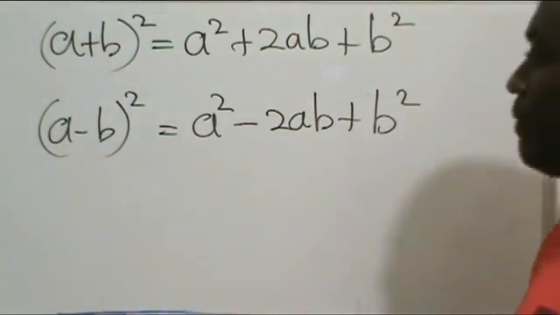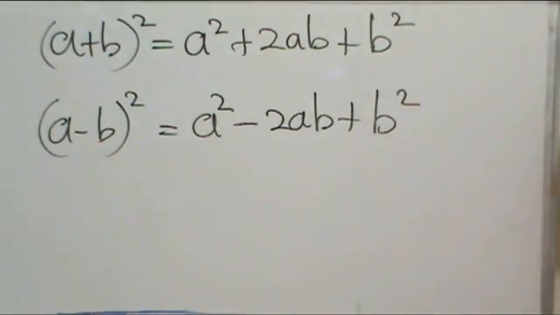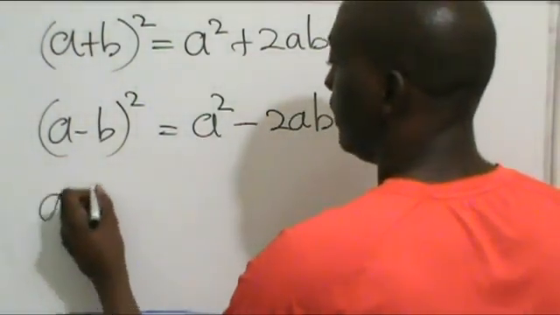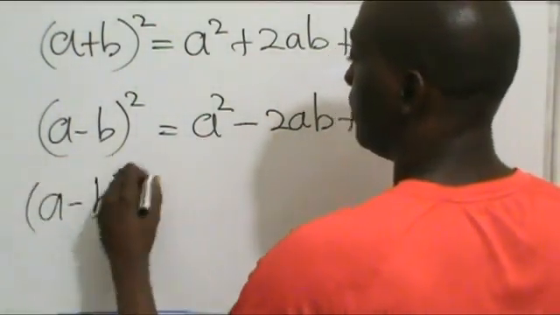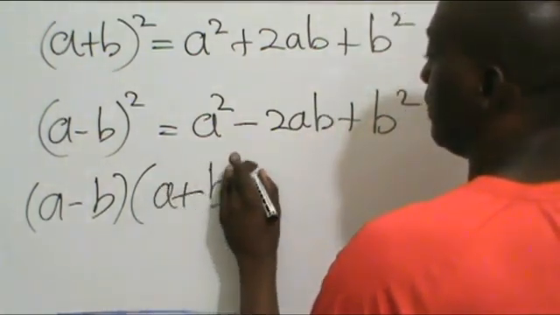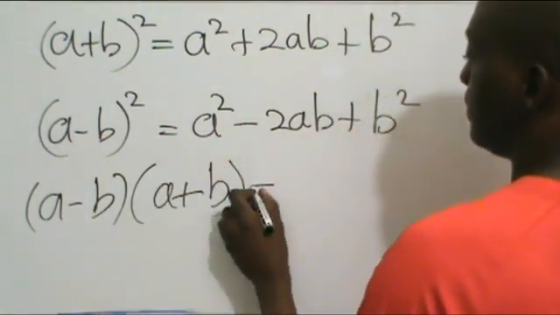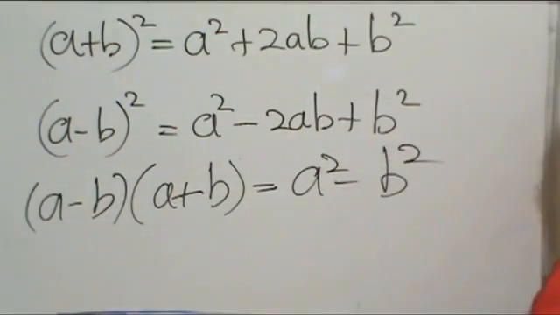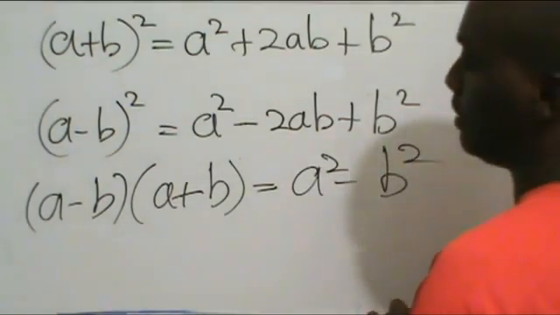Alright? And then the very last one we had was that A minus B into A plus B is equal to A squared minus B squared.